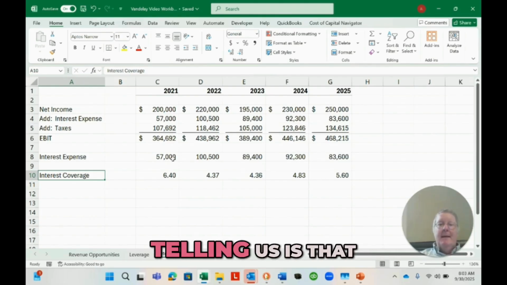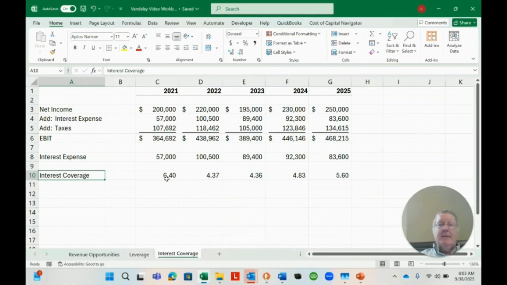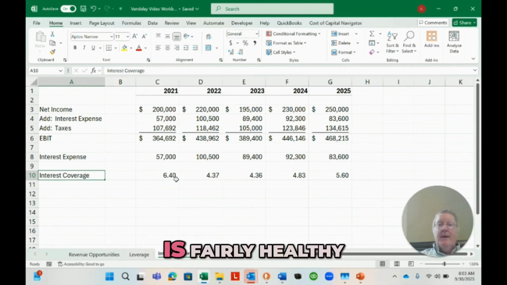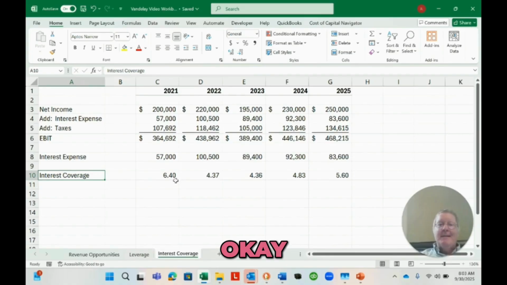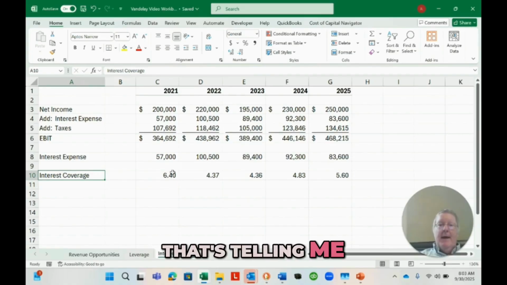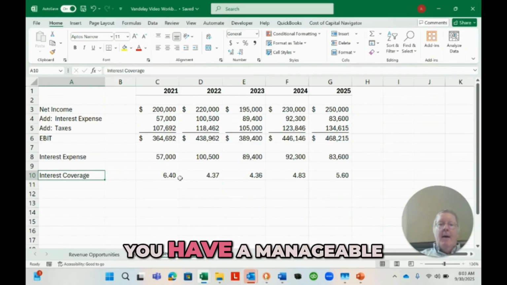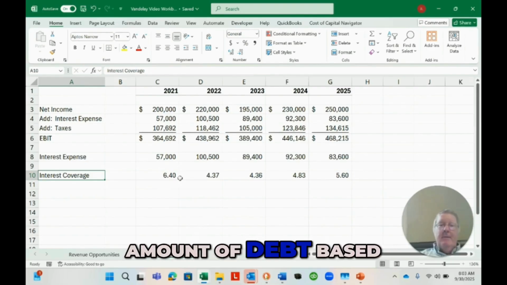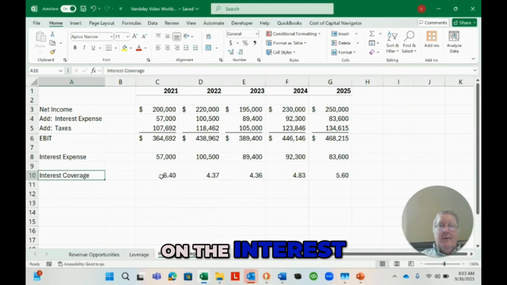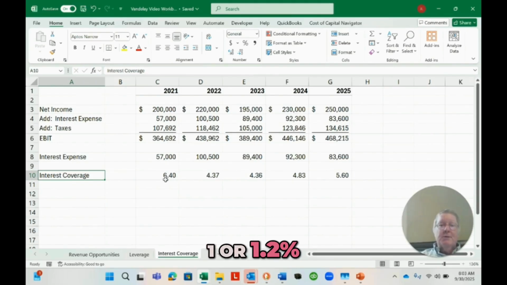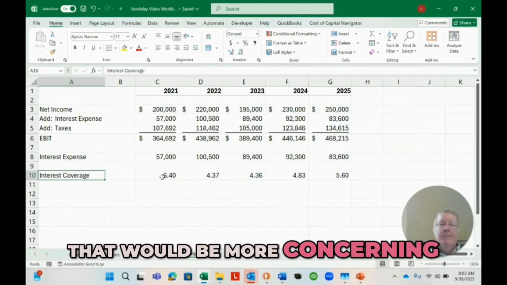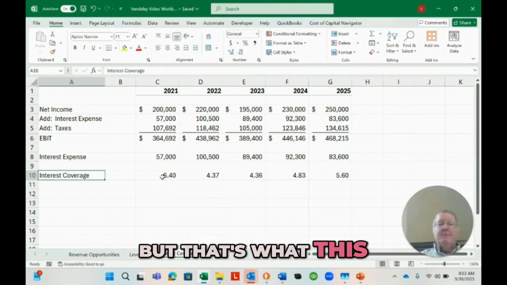And what that is telling us is that we could pay our interest expense 6.4 times, which is fairly healthy. Okay, that's telling me that you have a manageable amount of debt based on the interest. Now if this were, let's say, 1 or 1.2, that would be more concerning. But that's what this is measuring.